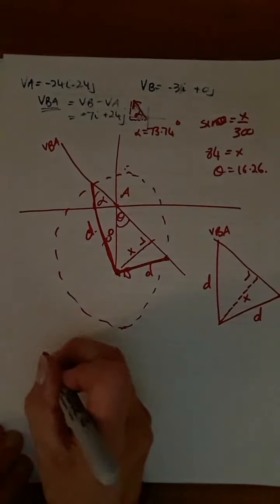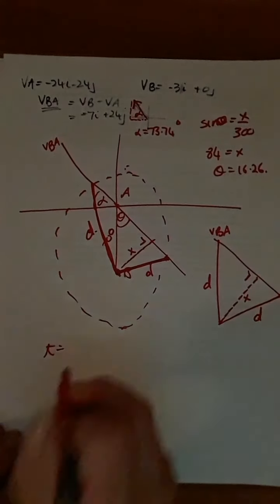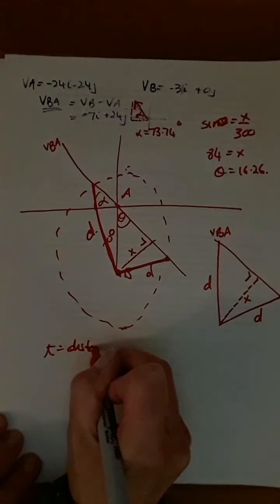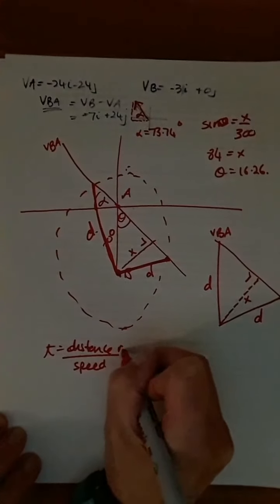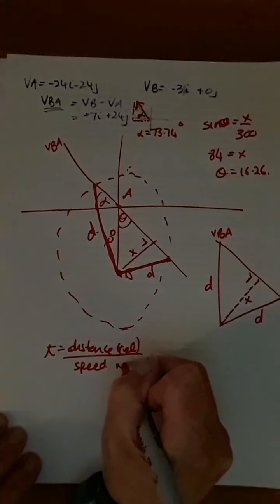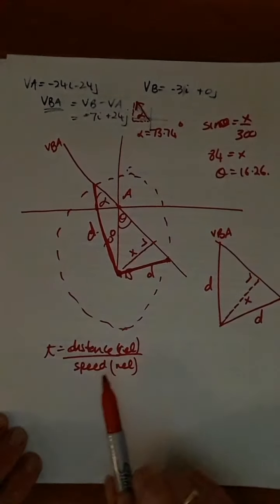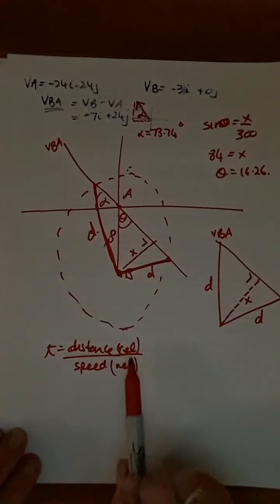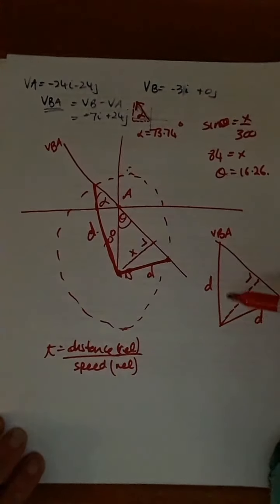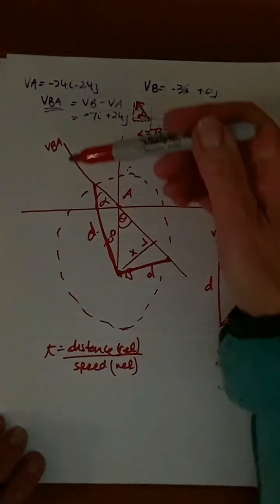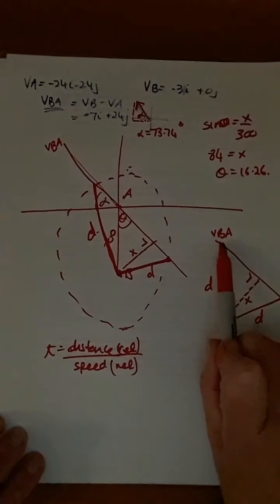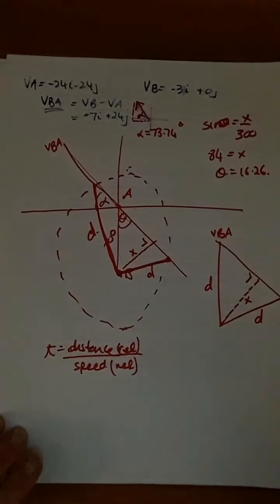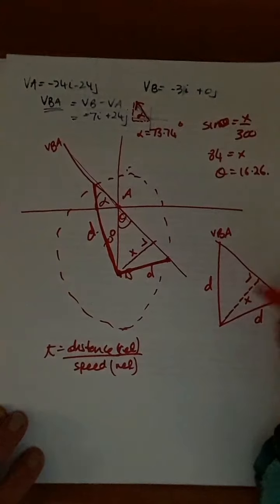Now normally the time to exchange signals would be the distance divided by speed. Distance being relative distance divided by relative speed. Those two bits of information have to come from the relative velocity line, which is this VBA line. So the distance from here to here has to be on the VBA line.